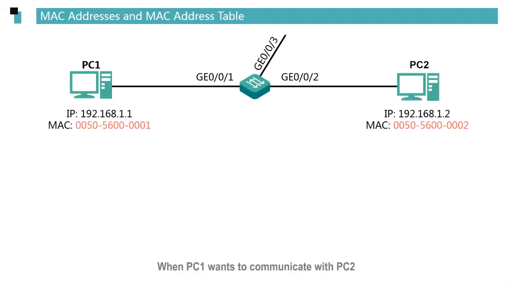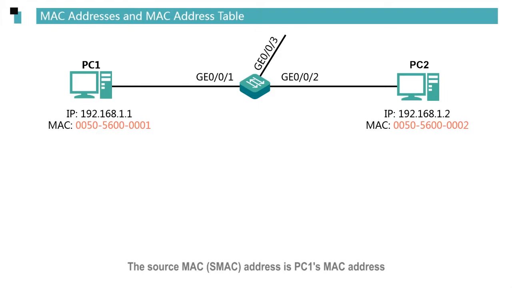When PC1 wants to communicate with PC2, it constructs a data frame, which includes a Layer 3 header. In this Layer 3 header, the source address is 192.168.1.1 and the destination IP address is 192.168.1.2.